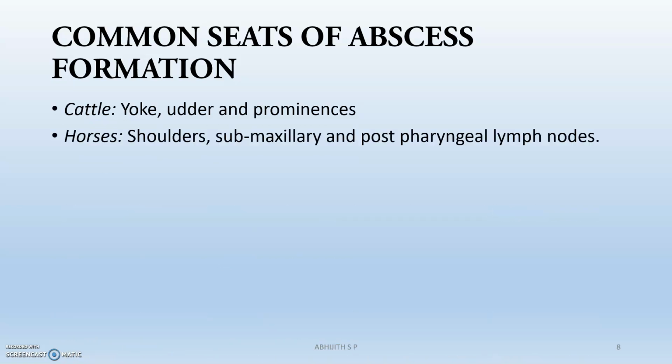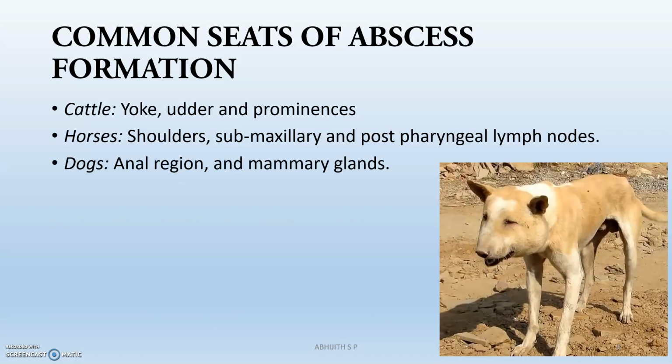Common sites of abscess formation: in cattle, the yoke, udder and prominences. In horses, the shoulders, neck region, submaxillary and postpharyngeal lymph nodes. In dogs, the anal region and mammary glands.